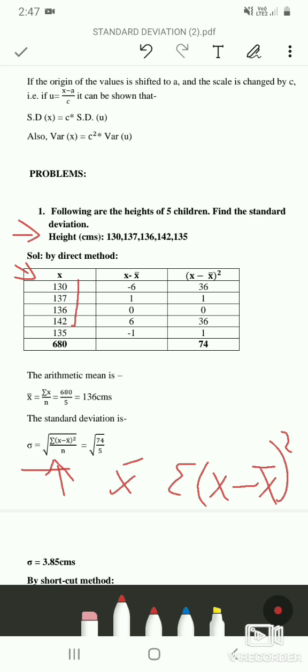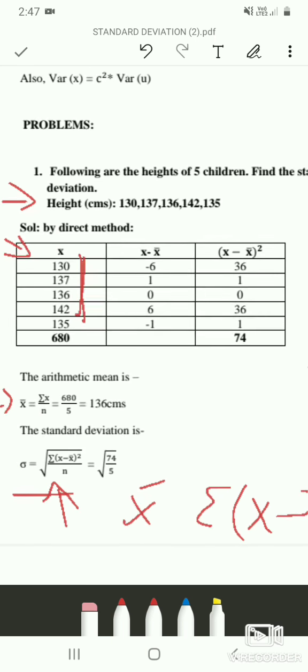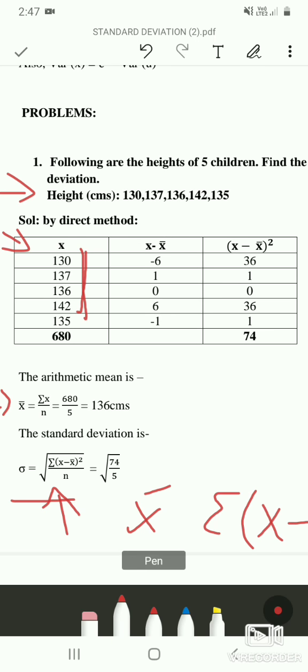The formula for arithmetic mean is summation x upon n. When you add these values, you get summation x as 680. Small n is 5. Therefore, x bar, the arithmetic mean, is 680 divided by 5, which is 136 centimeters.